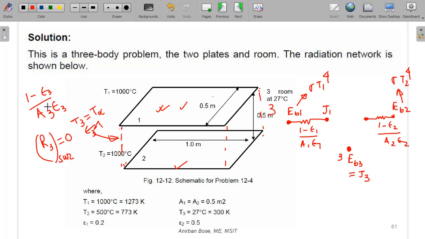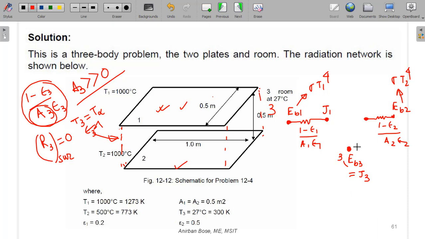The reason is that this A3 is very, very large. Since A3 is a very, very large quantity, this fraction tends to 0. That is the reason we consider the surface resistance to be 0, and that is why EB3 and J3 are the same.